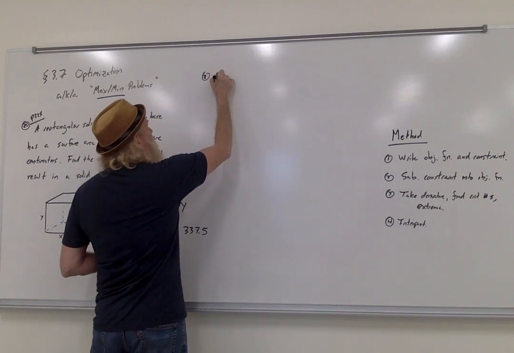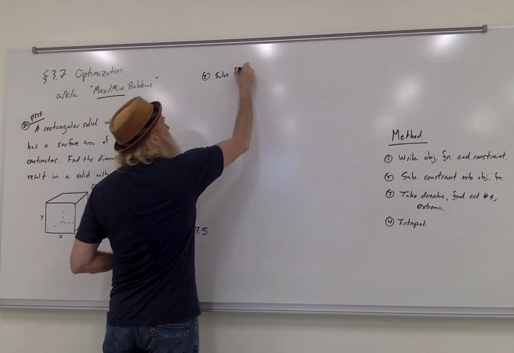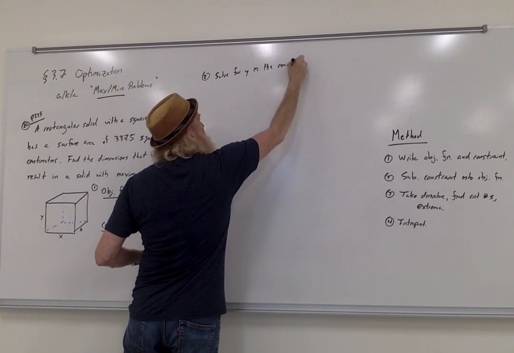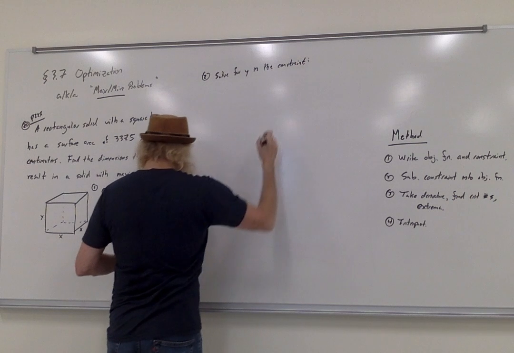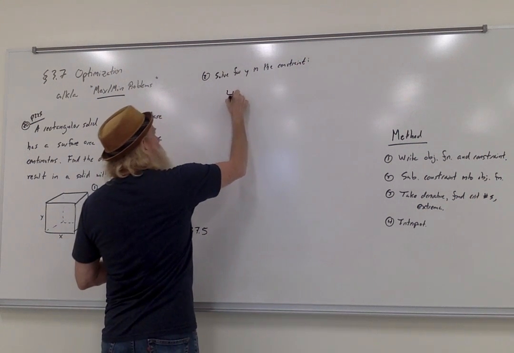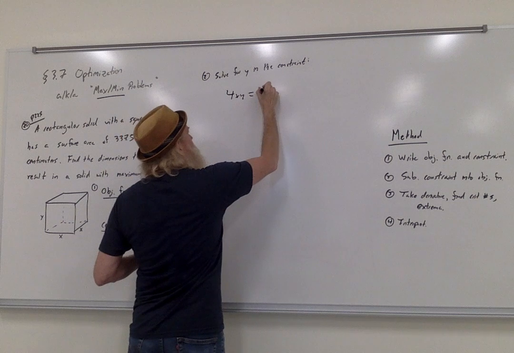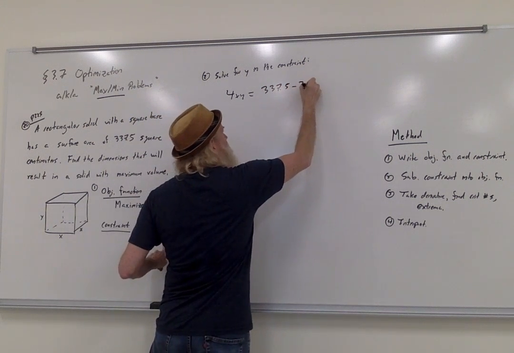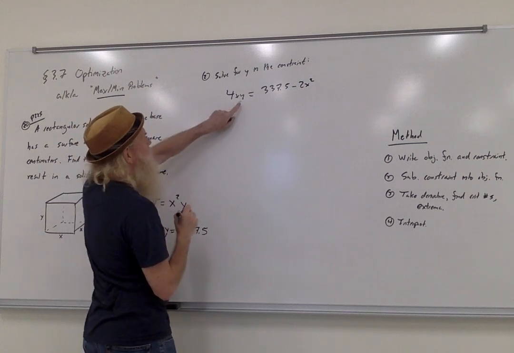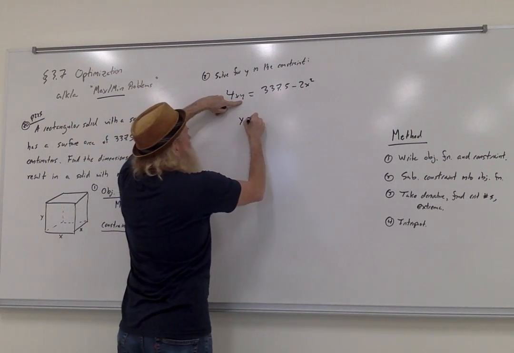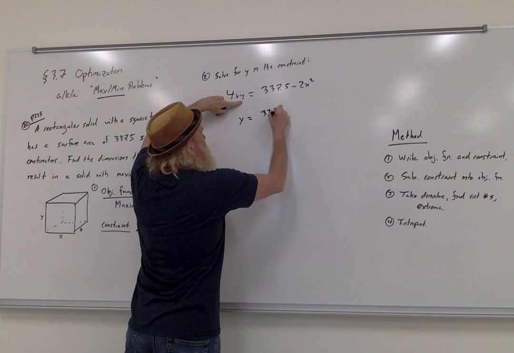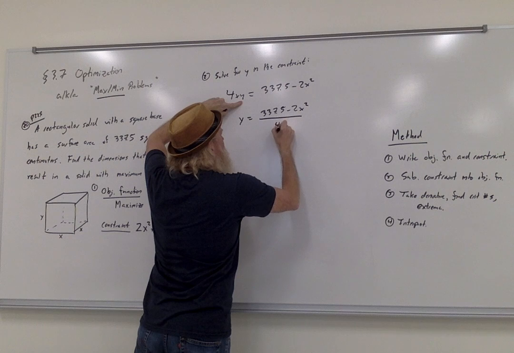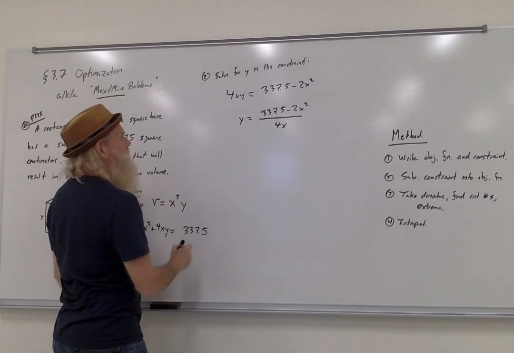Solving for y in the constraint, we get 4xy equals 337.5 minus 2x squared, and then dividing each side by 4x, y is 337.5 minus 2x squared, all over 4x.